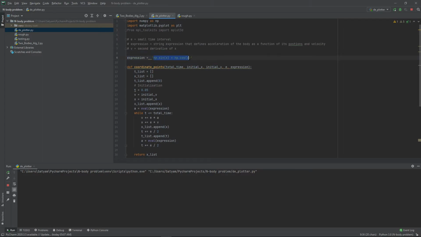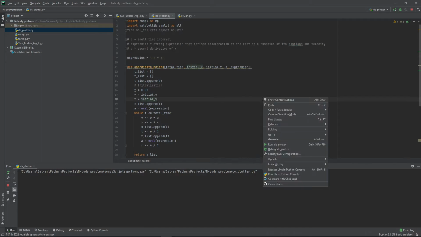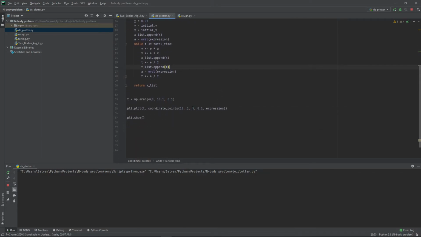For example, if I want to solve the equation for simple harmonic motion, I can change this expression to negative 4x, 4 being the omega square term in the simple harmonic motion. So it is basically a particle moving in a simple harmonic motion with an angular frequency of 2. And I change this expression, so I am expecting a cosine graph. What are the initial conditions?